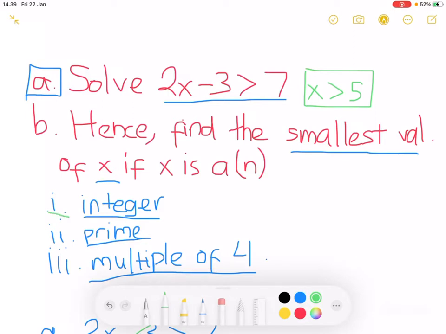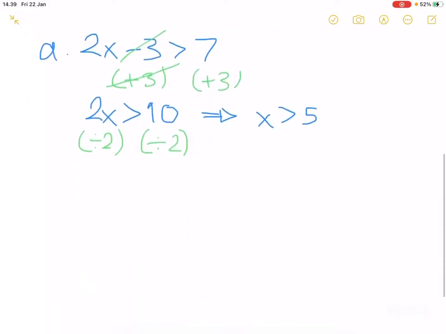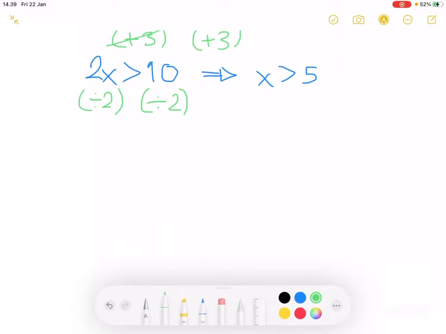we're going to find the smallest value of x if x is an integer. This is pretty simple, I guess. All you need to do is count from the boundary of this inequality, in this case 5, and then go up and see what the smallest value of x is that is an integer.